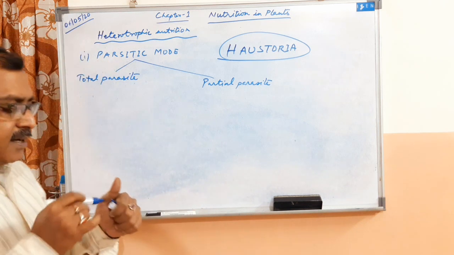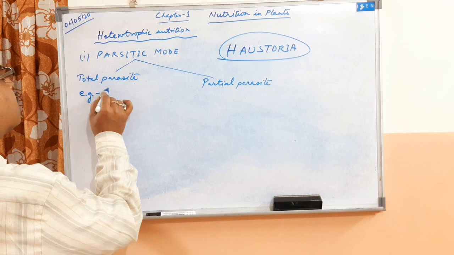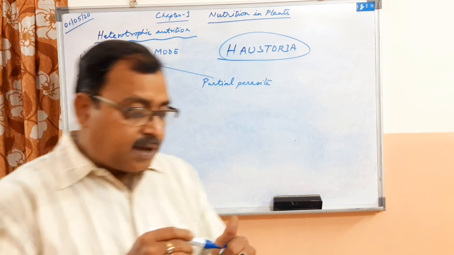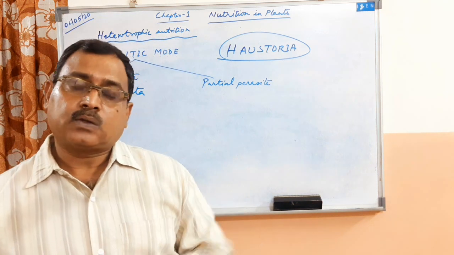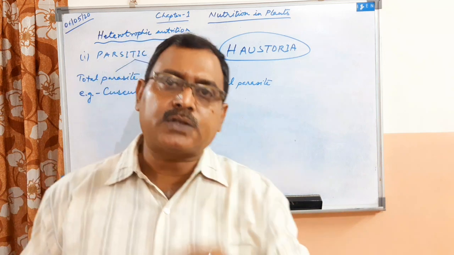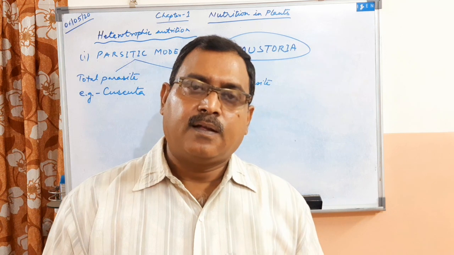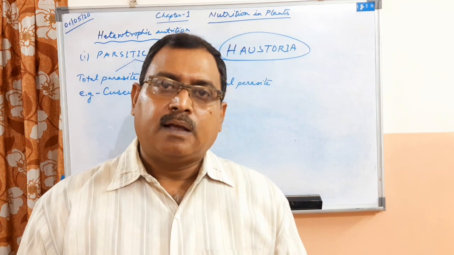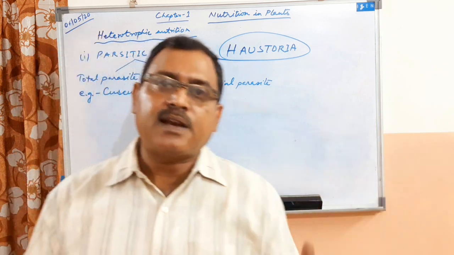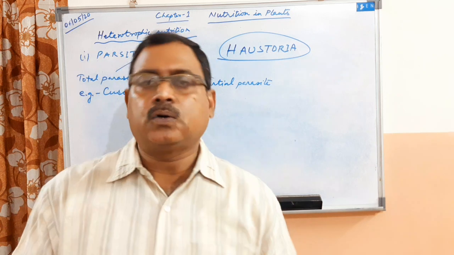Total parasite plants, for example, cuscuta, do not have chlorophyll, so they are unable to make their own food. They solely depend upon the host for their full nutrition. That means the total parasites generally absorb so much nutrient from the host that they kill the host.